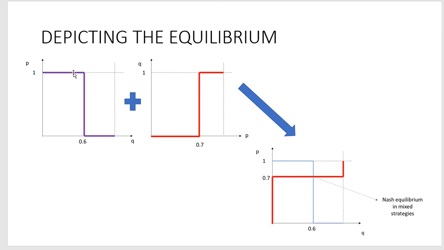Because again, this is the best possible strategy for Evert and the best possible strategy for Navratilova, when two players play their best strategies simultaneously, keeping in mind other players do the same. So basically, here you have it. So in equilibrium, Evert should choose DL with probability 0.7, and Navratilova should choose DL with probability 0.6.